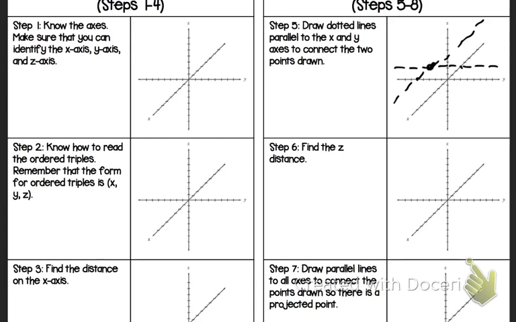Okay. Then we have to do the z distance. So our z distance was 7. 1, 2, 3, 4, 5, 6, 7, very top up here. Okay, so that means that's how tall we're going to bring this point up. That's how high it's going to come up. So now we basically just connect all those. So let me redraw it down here.